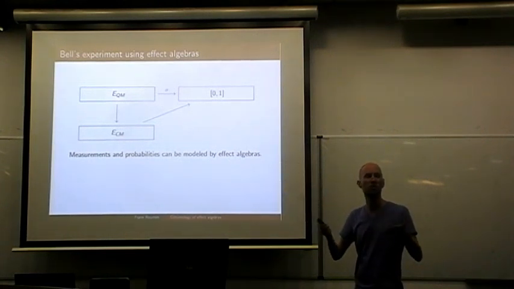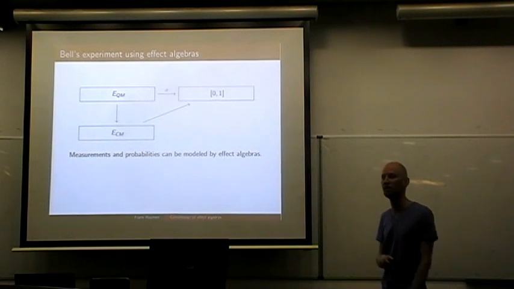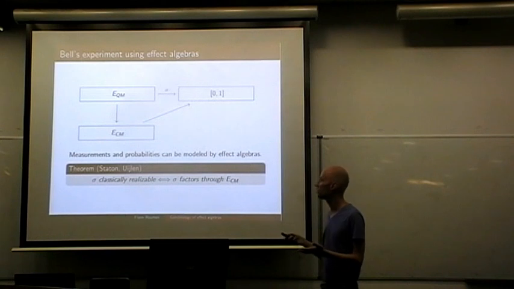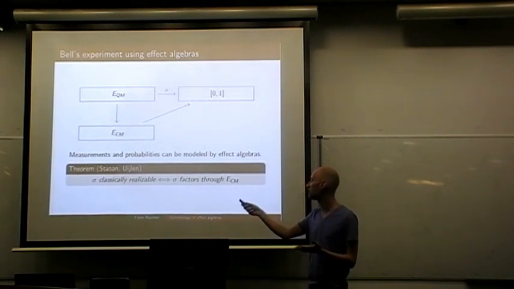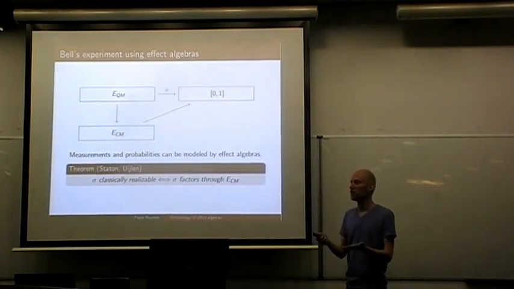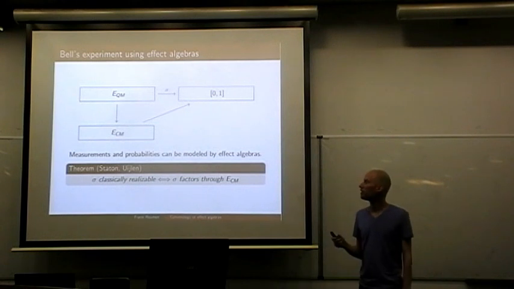You can think of this as a Boolean algebra because those model classical measurements. And this turned out to be a good model because, as proven by Sam Staten and Sander Uijlen, a state is classically realizable if and only if it factors through an effect algebra of classical measurements. Okay, so this is an effect algebraic account of these Bell type scenarios.